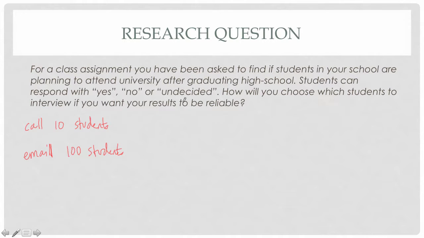Now, our school is not that big, so we could realistically make an effort to email, call, ask every single student, and that wouldn't be impossible. But what if we wanted to know every single student in Oregon? How many students are planning on going to college or not? Now that gets huge. That's a huge amount of students to figure out.